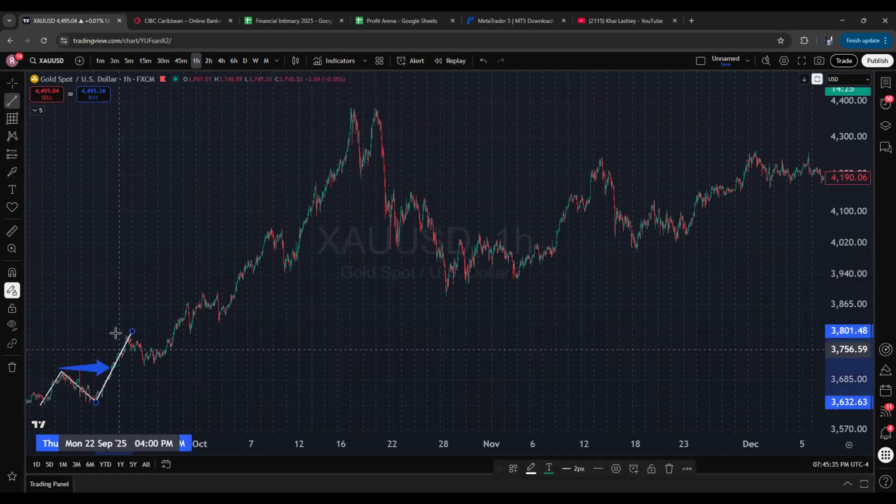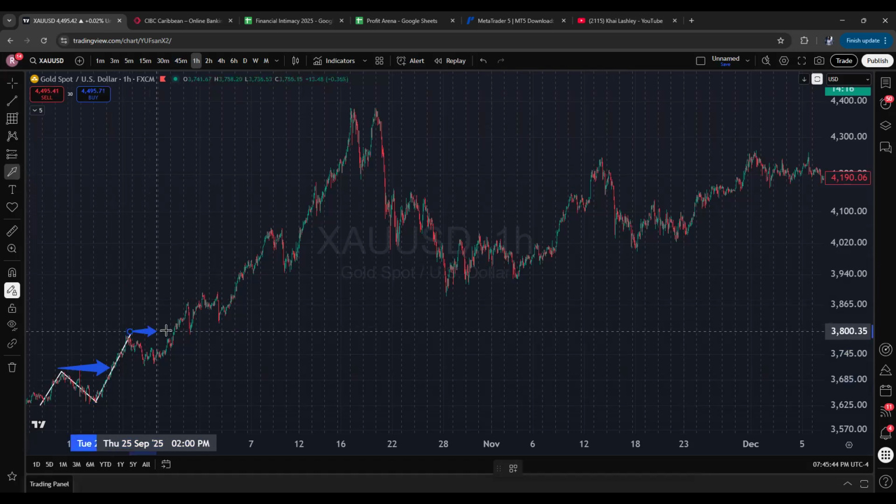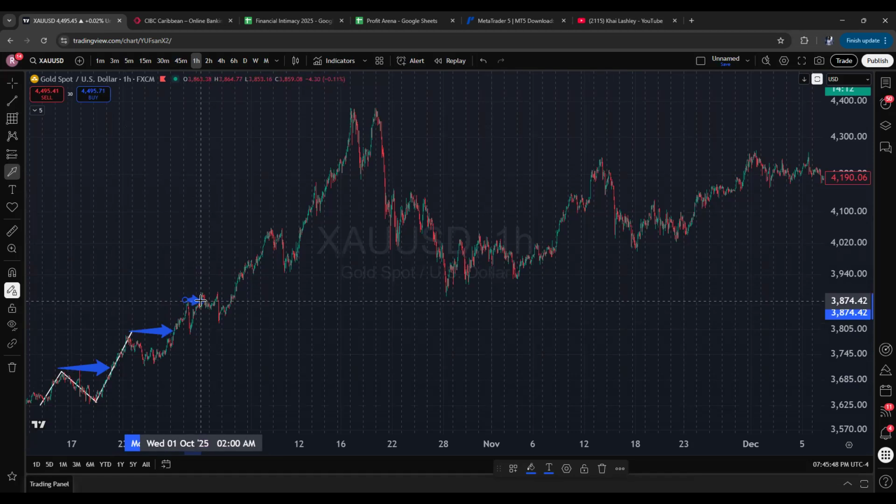So then we know, okay, we are looking for buys. Every time you get that break, you are always going to be looking for the buys.